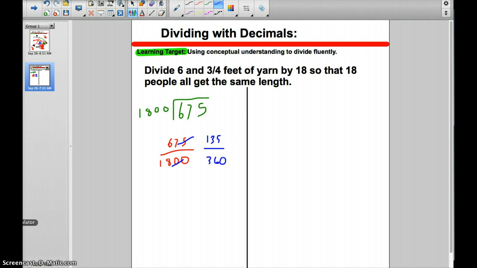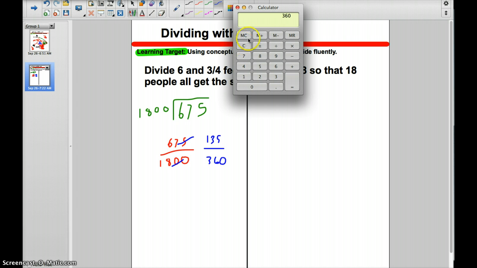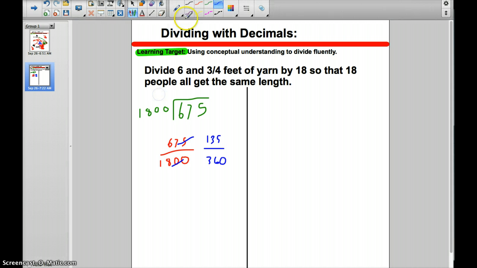In fact, I'll do that with a calculator right now just to prove to you. 135 divided by 5 is 27, okay? And 360 divided by 5 is 72. So really, if you divide both by 5, this is 27 over 72.